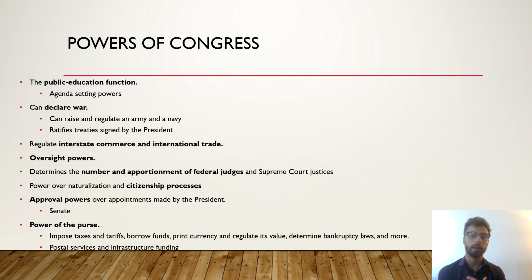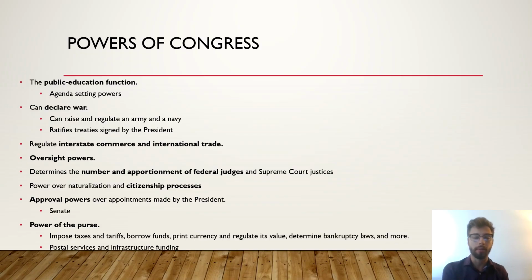We also see one of the most important and impactful powers granted to Congress is the power of the purse. They have the power and responsibility to impose taxes and tariffs, borrow funds, print currency, and regulate value, determine bankruptcy laws, and much more.